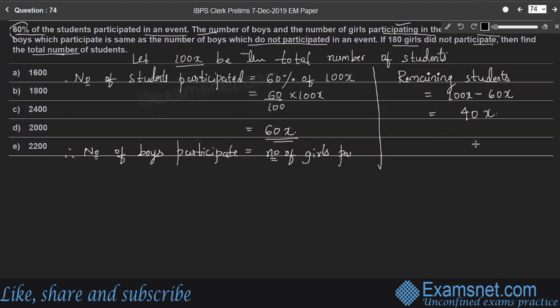Since they are equal in their numbers, it is 60x by 2, which is 30x.